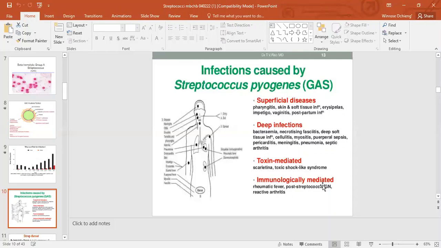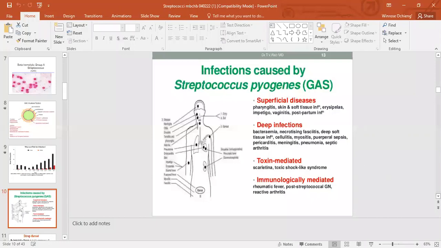If they are also deposited in the glomerulus in our kidney, we end up having post-streptococcal glomerulonephritis, which are very bad infections. So Streptococcus pyogenes is one of the bacteria that can lead us to immunologically mediated infections also.